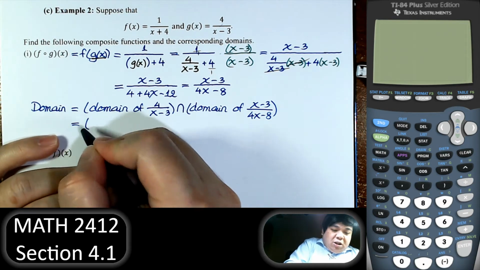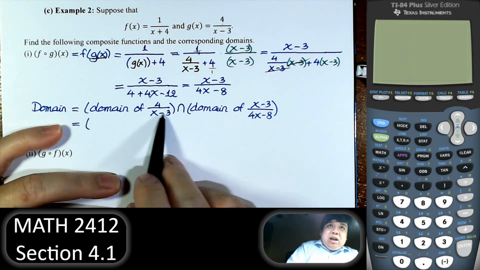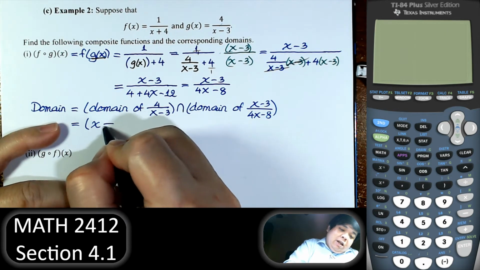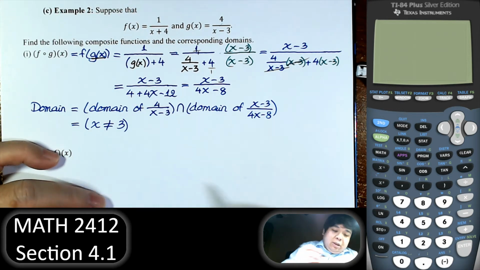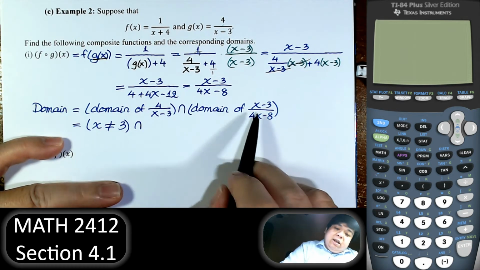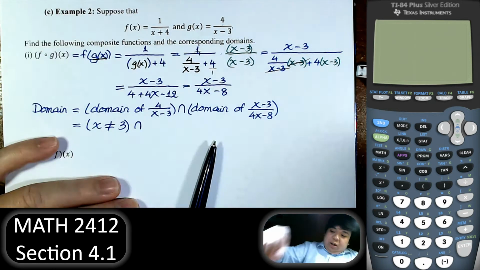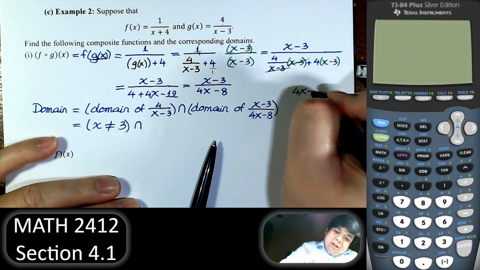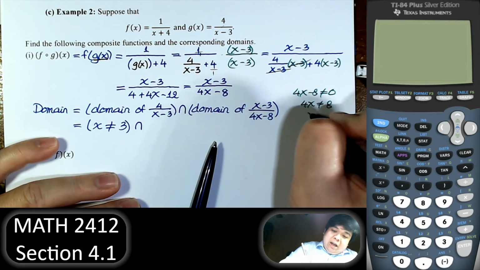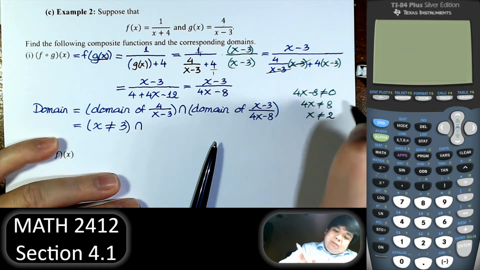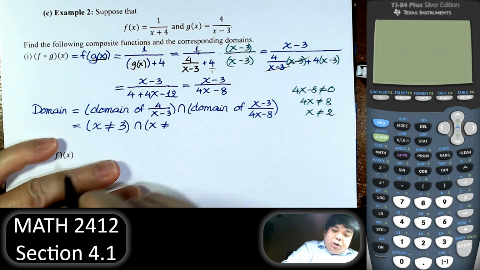This is not the proper notation, but when we divide by something, the denominator cannot equal 0, so we have x not equal to 3, and then intersect the domain here, the denominator not equal to 0, so 4x minus 8 not equal to 0, so x not equal to 2. So x not equal to 3 and x not equal to 2.